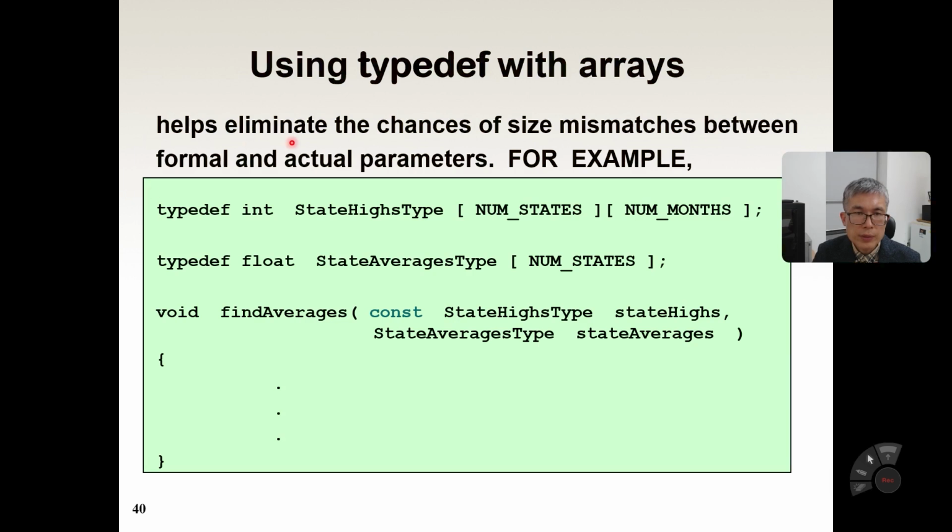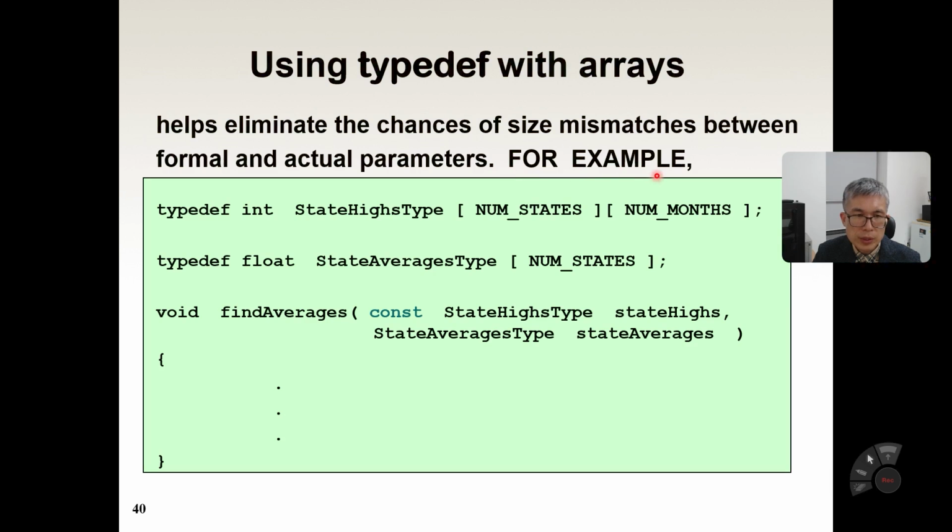Using a typedef with arrays helps eliminate the chances of size mismatches between formal and actual parameters. Formal is the function definition, and the actual parameter means the argument in a call of the function.